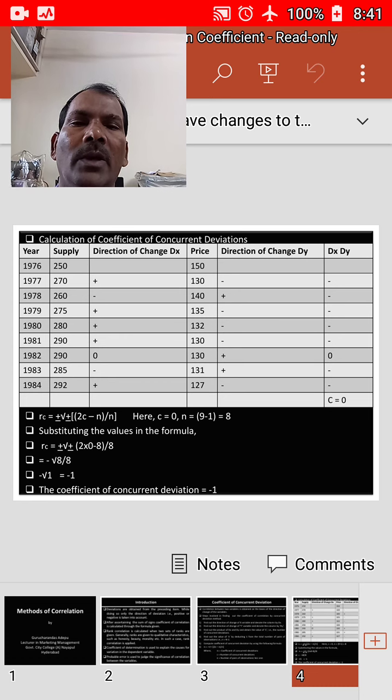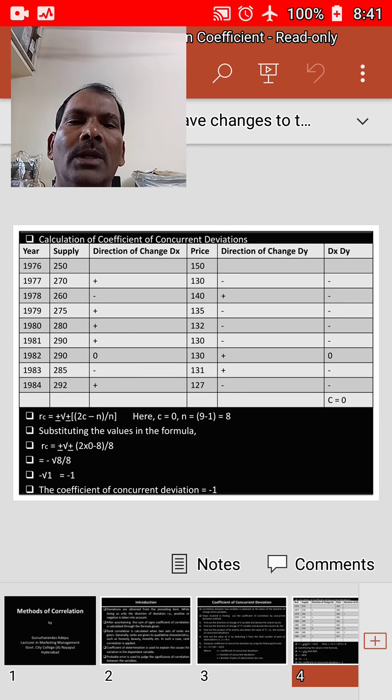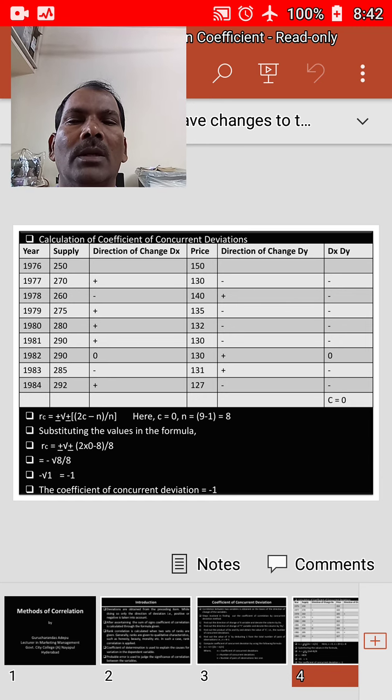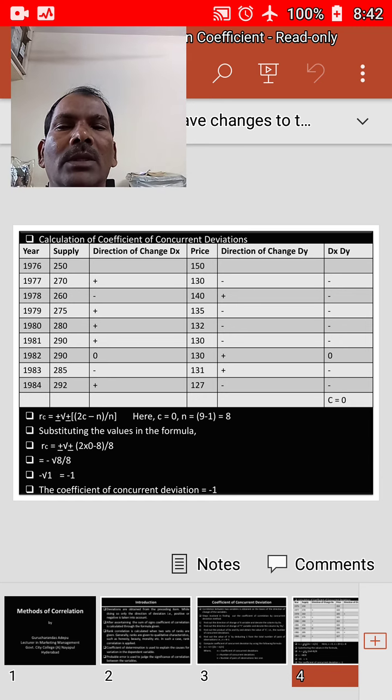In the same way, we need to find out the direction of change of y, that is given as price. In the first year we don't have any preceding year value, hence we leave it. In the second year, 1977, it is 130 whereas in 1976 it is 150.